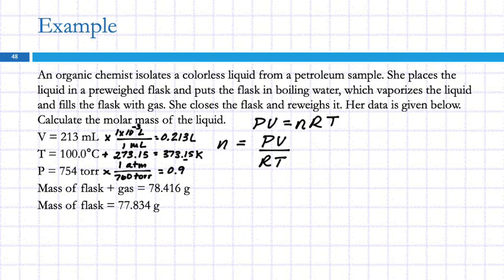So I want to make sure I keep the correct number of significant figures, and then ideally keep 2 extras. And move that over.